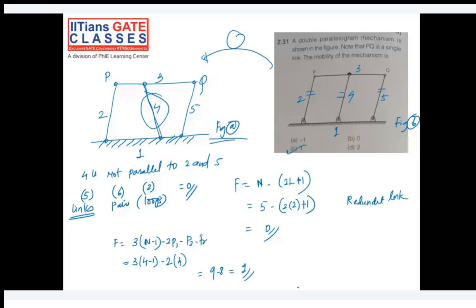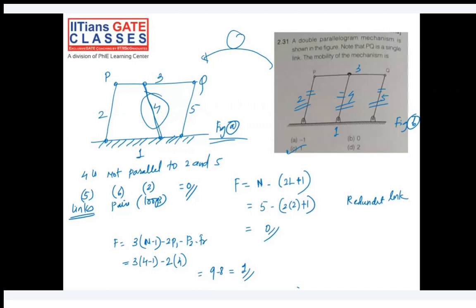So the function of the mechanism is not affected, even if any of these links 2, 4 and 5, not just 4, any of them, is removed. That's why we consider one of the links, either 2, 4 or 5, as redundant, and you end up with a degree of freedom.